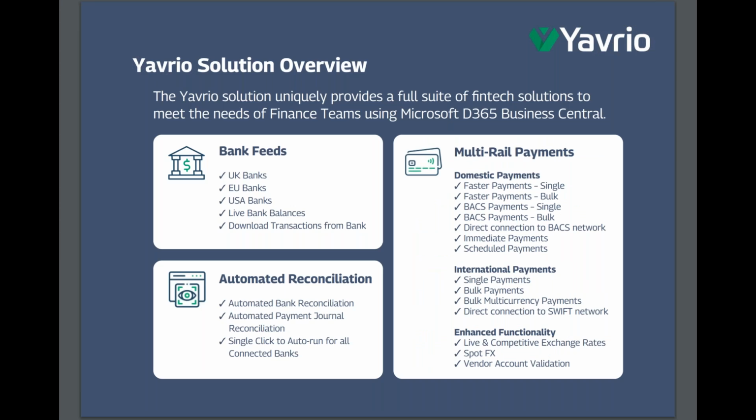I mentioned that our proposition is summarized in three areas. One is feeds, how we pull in transactions and how we make payments. In terms of our feeds, I'll show you what that looks like in just a moment. There's not much to go over here just by talking, but the automated reconciliations definitely contribute towards the savings from day one.